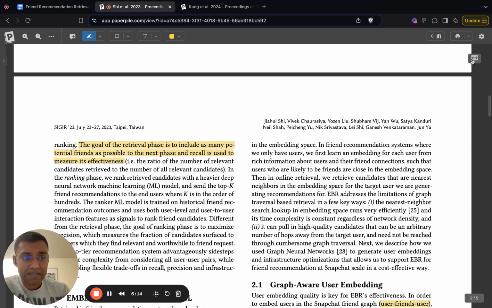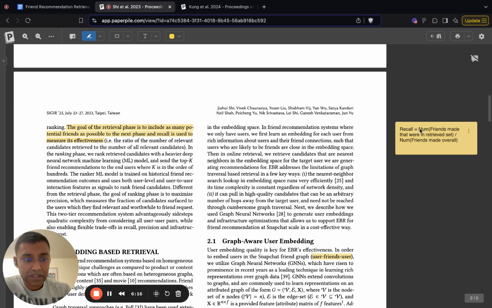Recall is defined as the number of candidates, in this case friends. Let's stay in the friends space. The number of friends that were made by the viewer that were in the retrieved set.